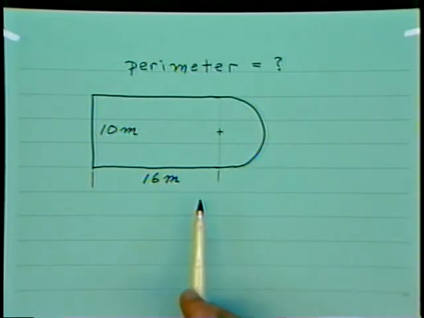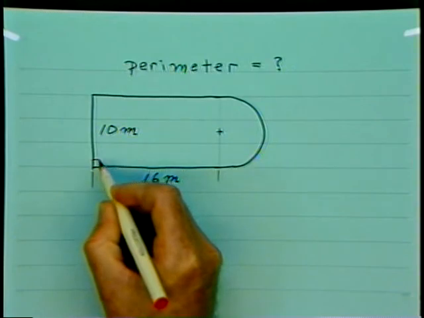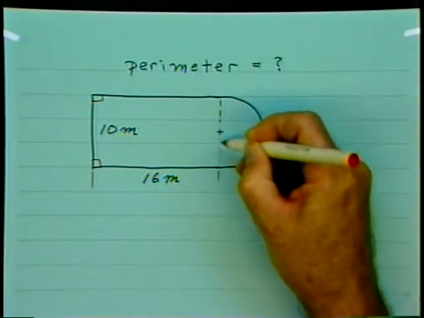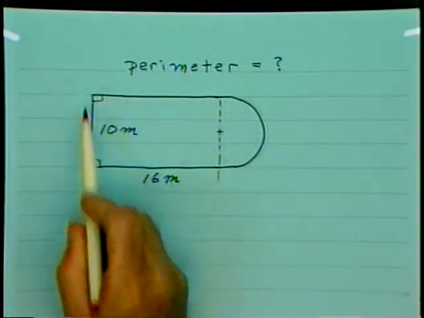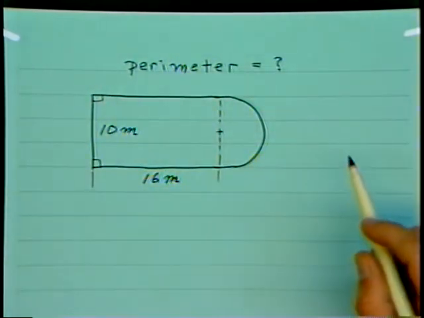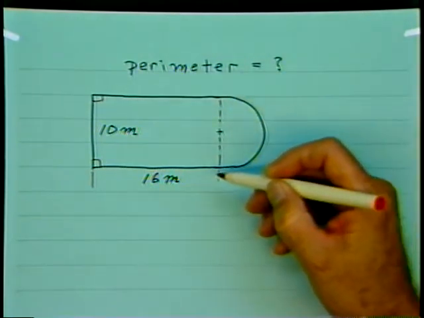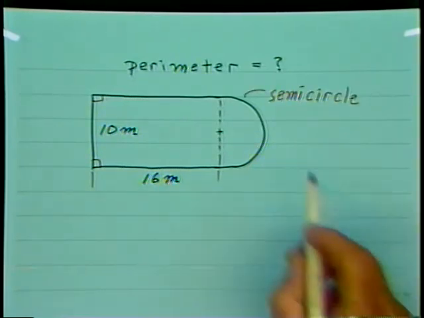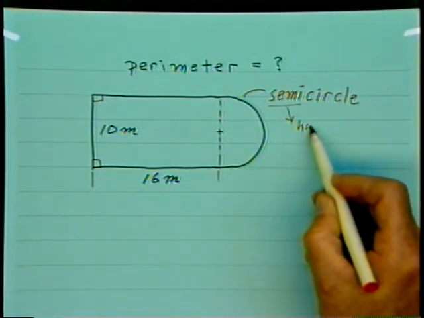So let's say along with this sketch we were told that these are right angles, which tells me that this much of the figure is a rectangle. And let's say we were also told that this end is a half circle. Now, do you know the name for half circle? It is semicircle, or if you would, a half circle.